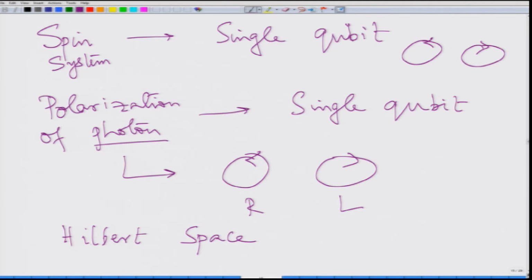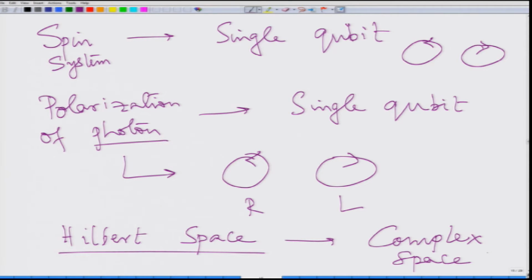Once again, the Hilbert space is the space covered by any quantum system to completion, and so it is a complex space, instead of a real space, in which all possibilities of that quantum object, which is a ray in our particular case for a single qubit, can exist, right.